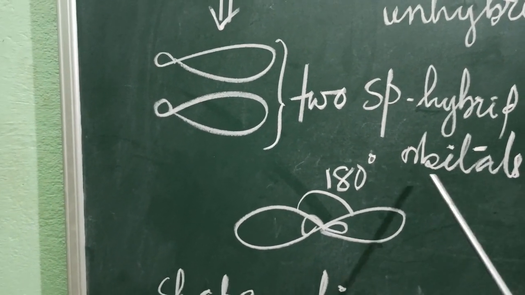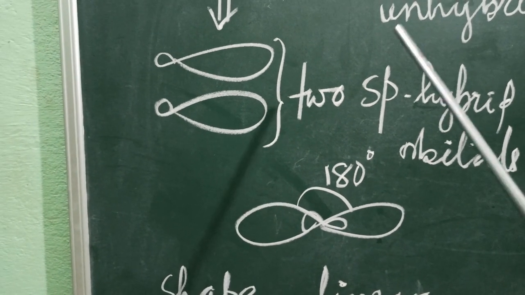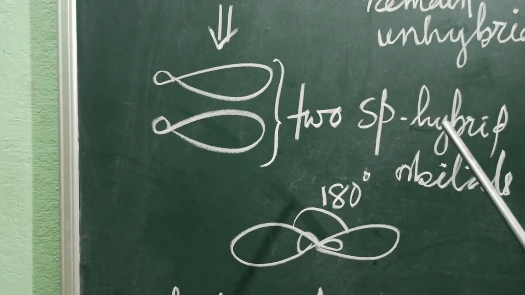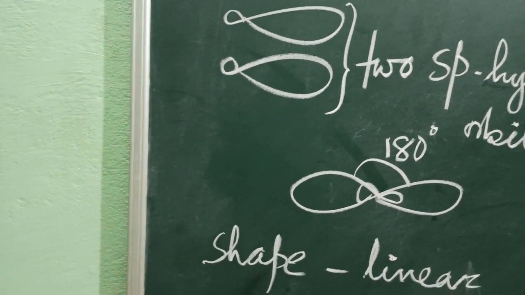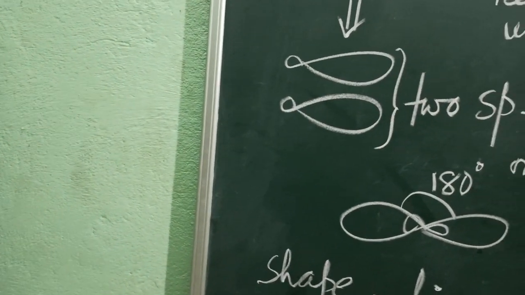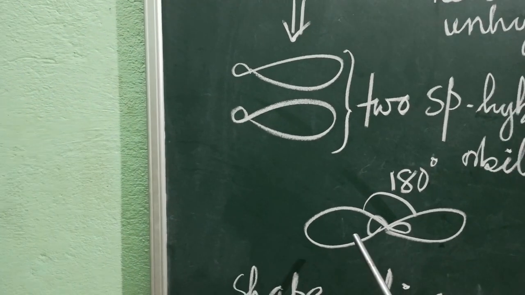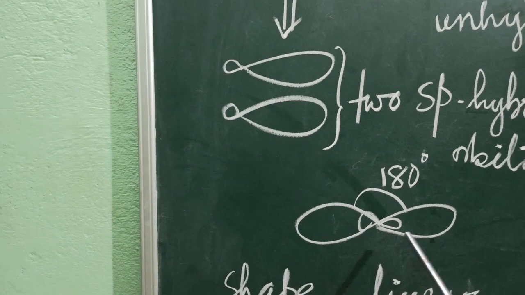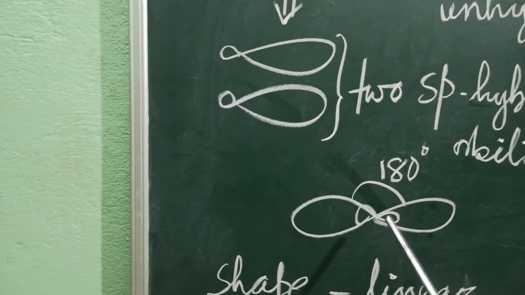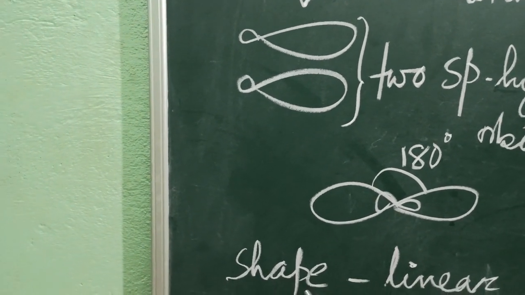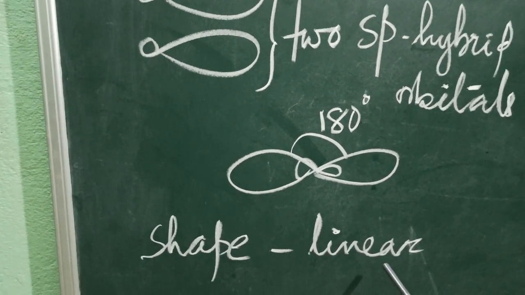Since only two sp hybrid orbitals are formed around the central atom, the two hybrid orbitals make an angle of 180 degrees, resulting in a shape that is linear.